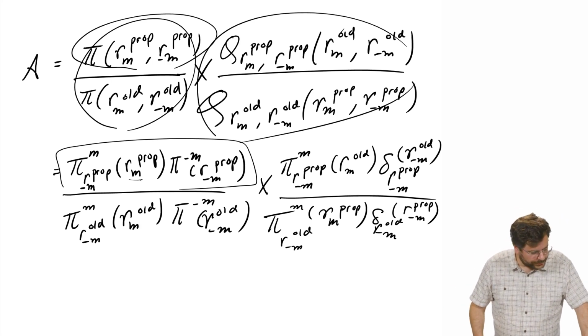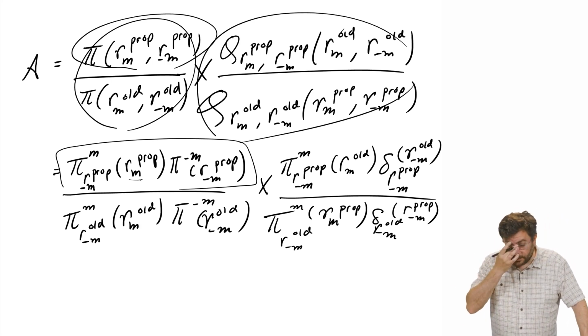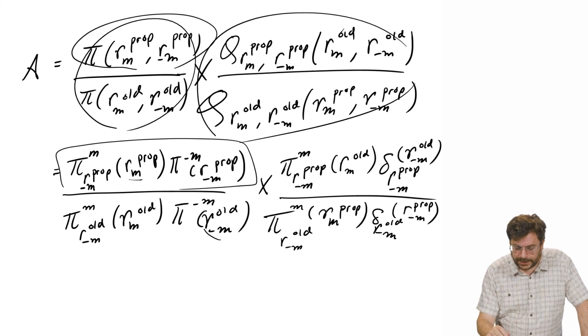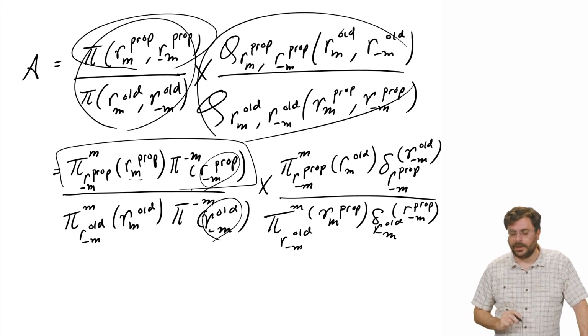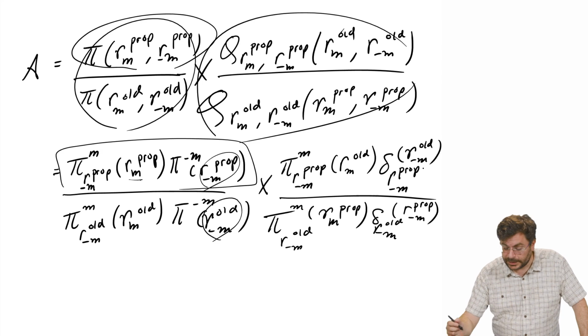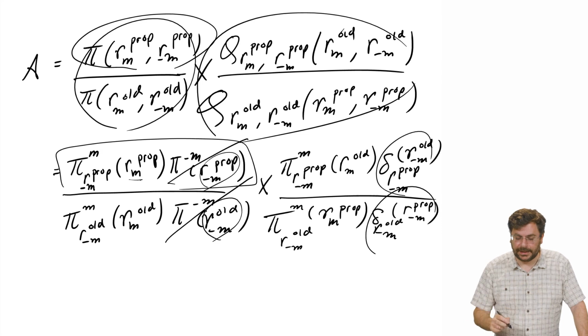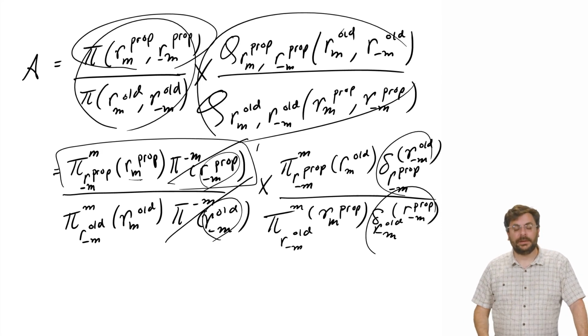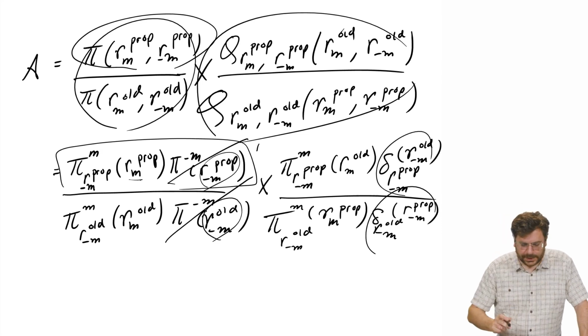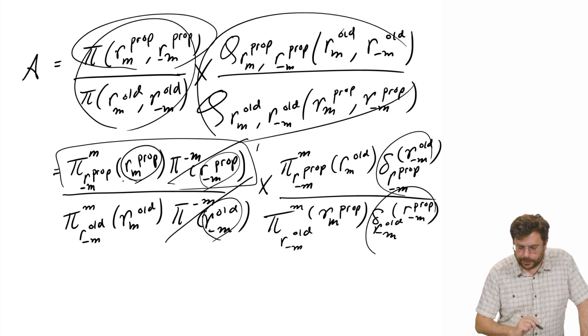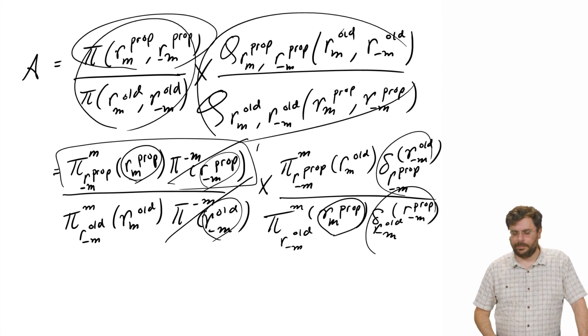So what do we notice happens here? First of all, R_-m old is the same as R_-m proposed. That's precisely what these delta functions are telling us. So this and that cancel out, and they give me 1. Now what about here? I have R_m proposed, and here I have R_m proposed.